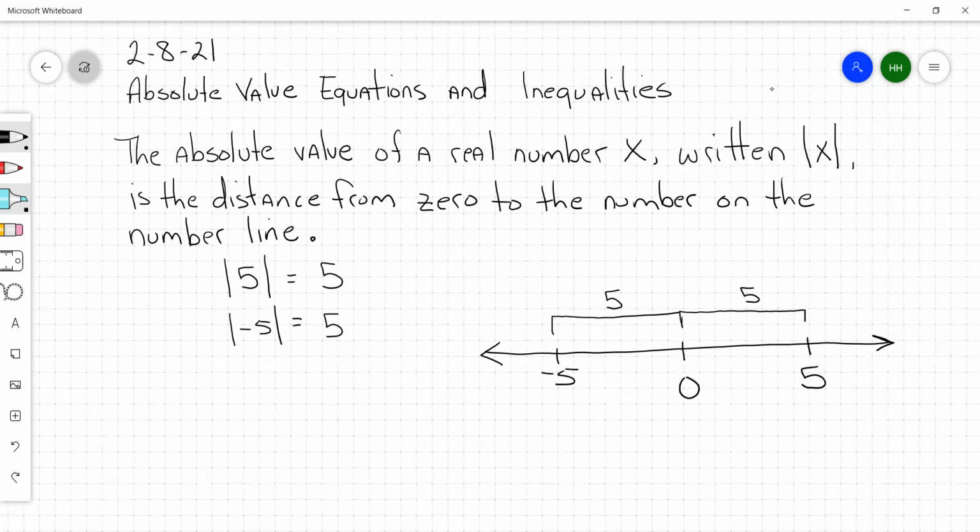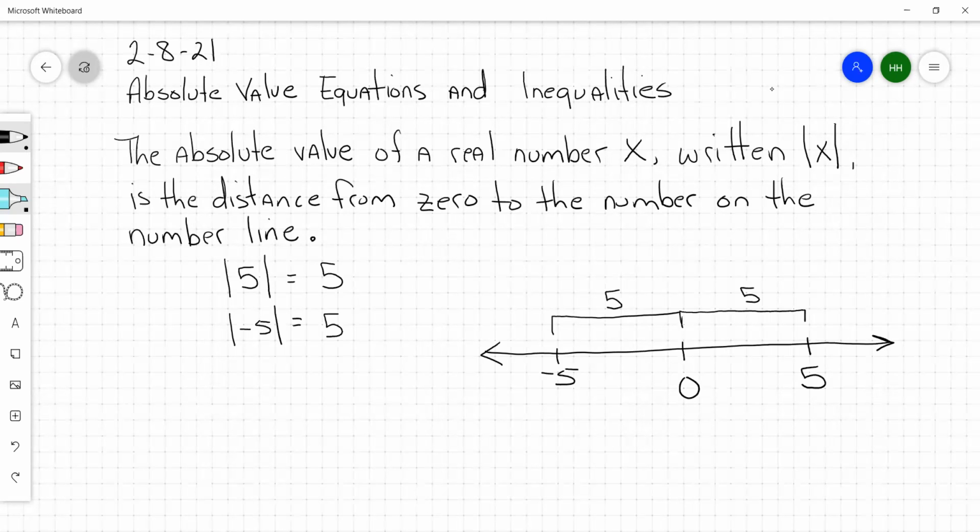So since you have two values, 5 and -5, that both have an absolute value of 5, for that reason, we have to solve these absolute value equations a little bit differently than a regular equation.